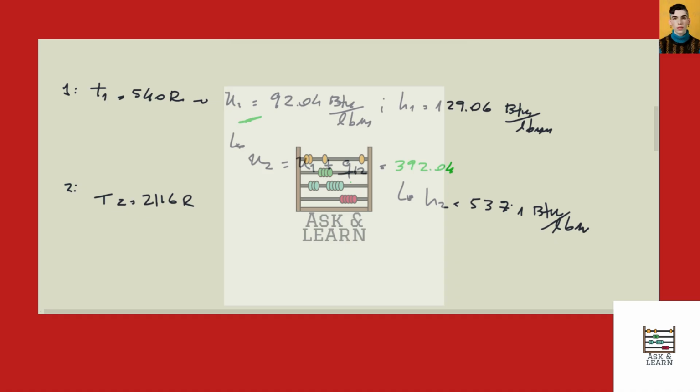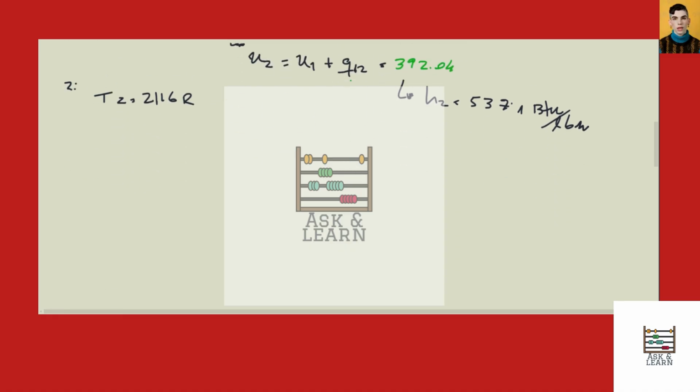Finally, on point 3. On point 3, we have a temperature of 3200 R, and that gives us an enthalpy at point 3 of 8.49, sorry, not 8.49, I see, the enthalpy is going to be 849.48 BTU/lbm.